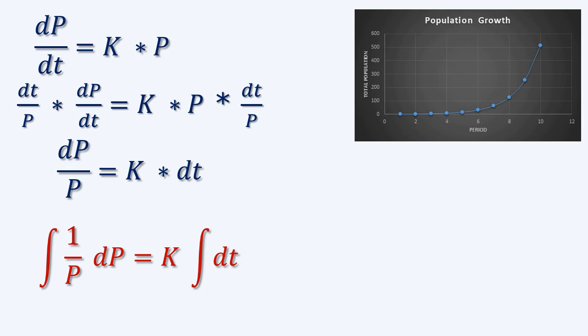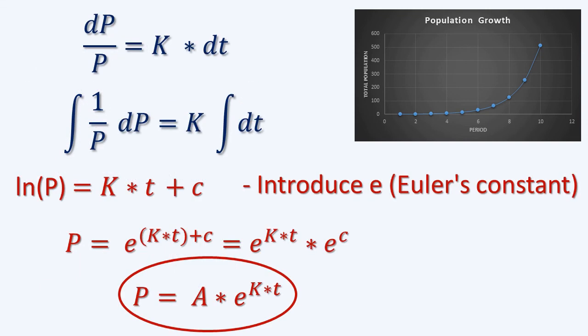Now we can insert an integral on both sides. The integral of 1 over P times dP is equal to the natural log of P, and the integral of k dt is equal to kt plus some constant on the side.